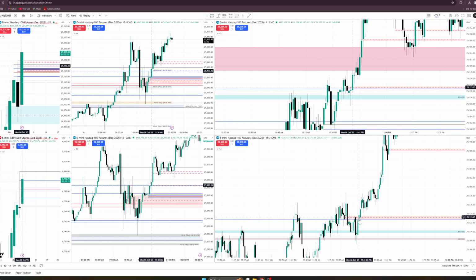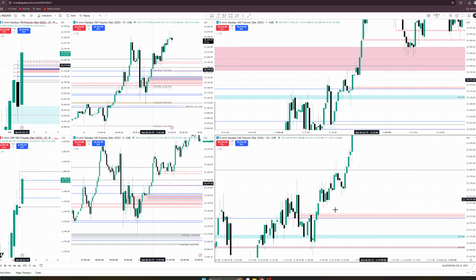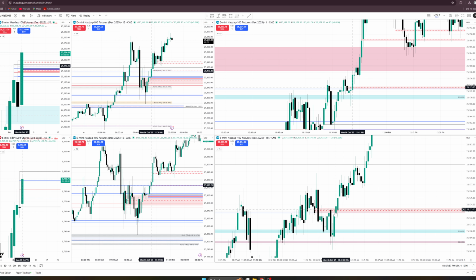Now after this candle closed above this, we have a balanced price range. So once this candle closed above this down close candle and this bearish fair value gap, now this has become a balanced price range, and on the next candle you could have gone immediately long if you have a 15-second chart.